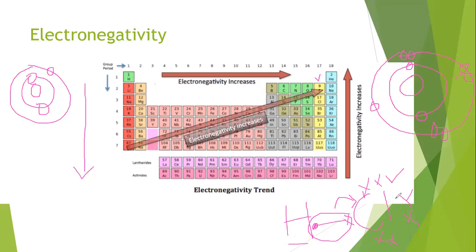As I said, electronegativity is the ability of an atom to attract the shared pair of electrons towards itself. That's why this pair of electrons will remain for more time towards this chlorine atom.